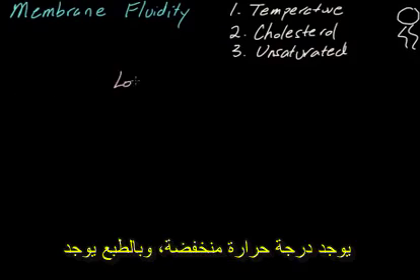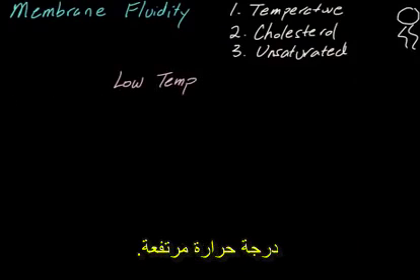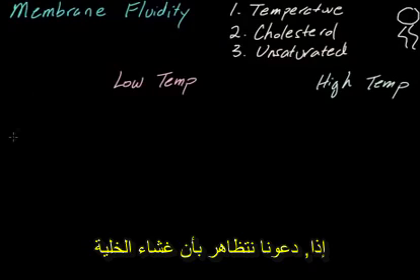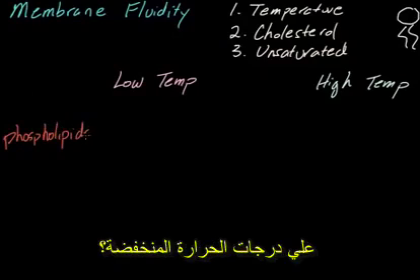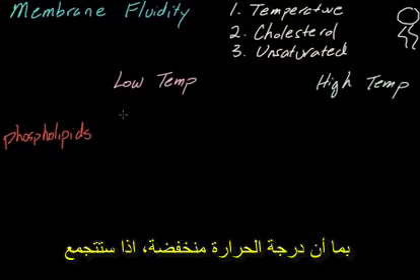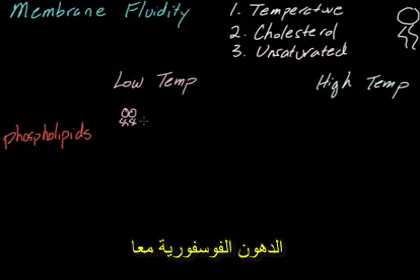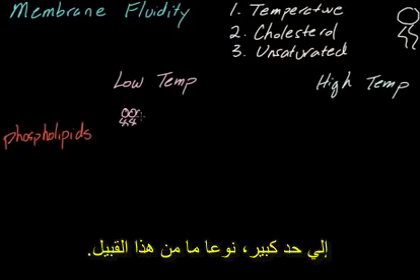We have low temperature, and obviously we have high temperature. So let's pretend that our cell membrane is only made up of phospholipids. What do you think our cell membrane is going to look like at low temperatures? Since the temperature is low, our phospholipids are going to start clustering together really closely, kind of like that.